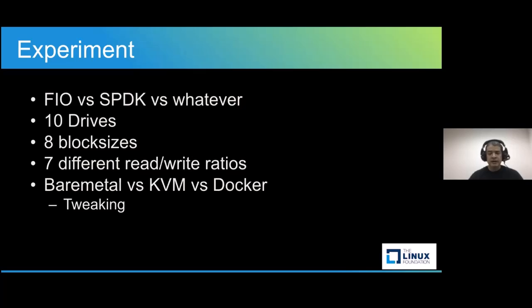And then, if you're going to do the IOPS test, we have 8 different block sizes: 1024K, 128K, 64K, 32, 16, 8, 4, and then half a K. And then we have the 7 different read-write ratios that we mentioned before. And that's not even counting sequential read-writes versus random read-writes.